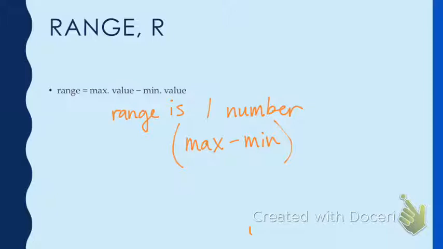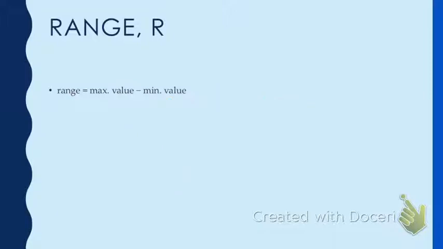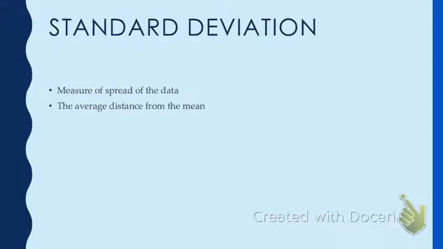Okay, so the next type of measure of variation is called the standard deviation. You might have seen this if you have taken the ACT or SAT. It is the average distance from the mean. So you are going to have some standard deviations that are positive and some that are negative.